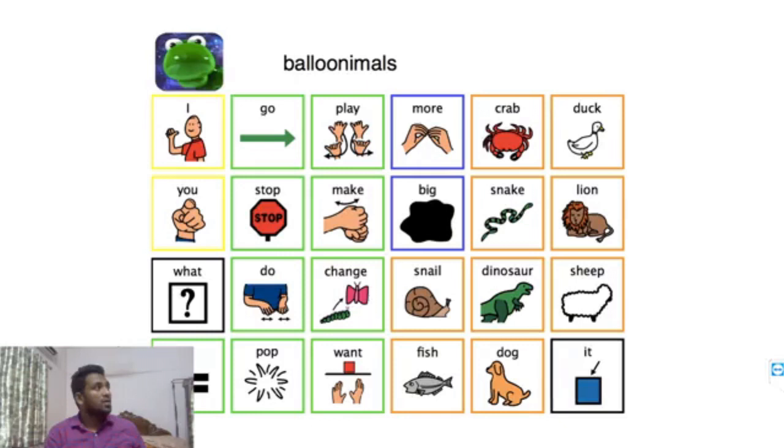Most of the times we use icons which are more standard, which have more iconicity, which are very easy to understand. When you say go, it is like a green arrow. So everyone knows that, okay, a green arrow means go. Okay, a red color sign might indicate something to stop. Okay, so most of the time we make standard and easily understandable icons.